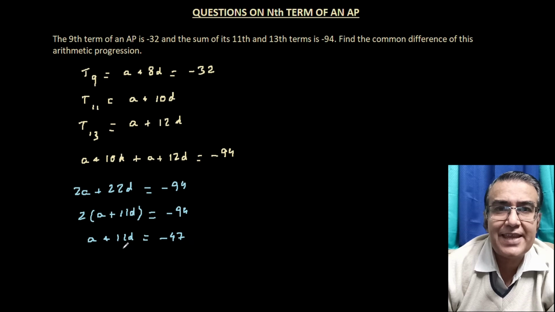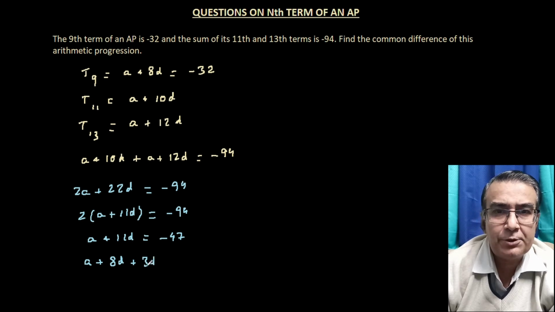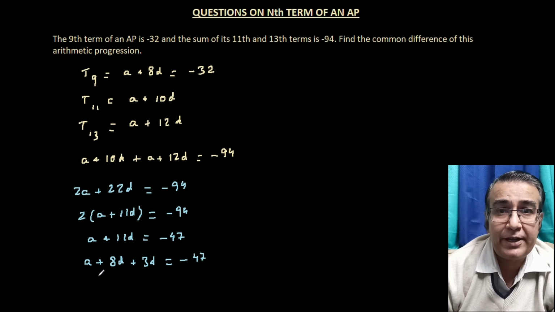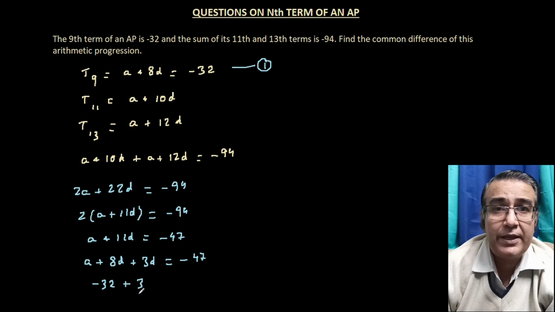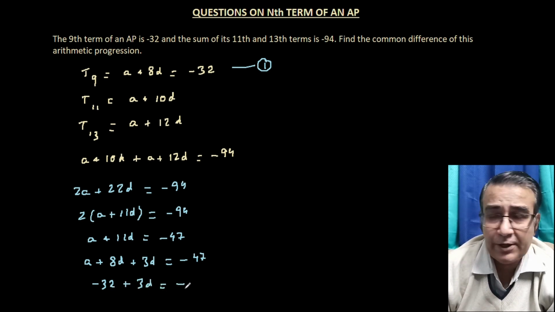We can rewrite this A plus 11D as A plus 8D plus 3D is equal to negative 47. A plus 8D already from equation number 1 we know is negative 32. So negative 32 plus 3D should give us negative 47.